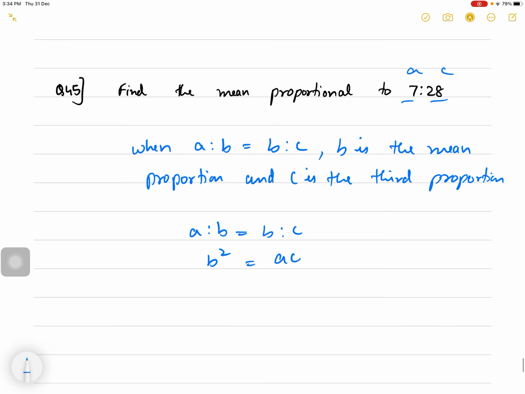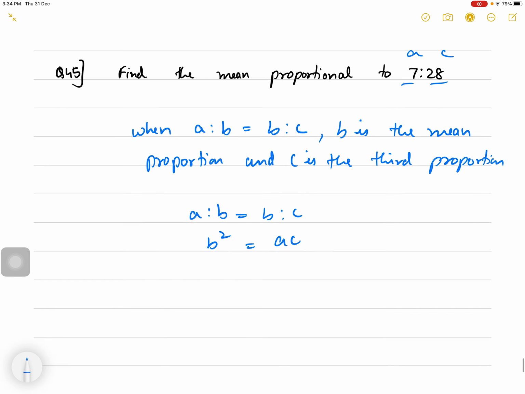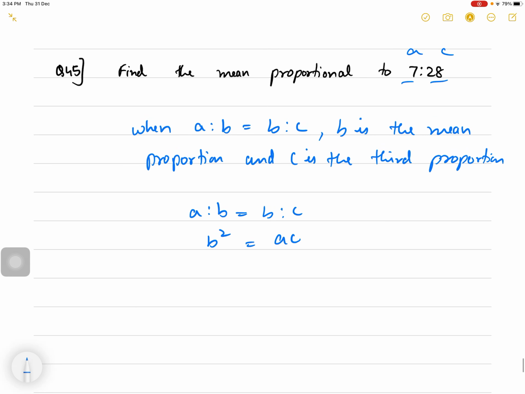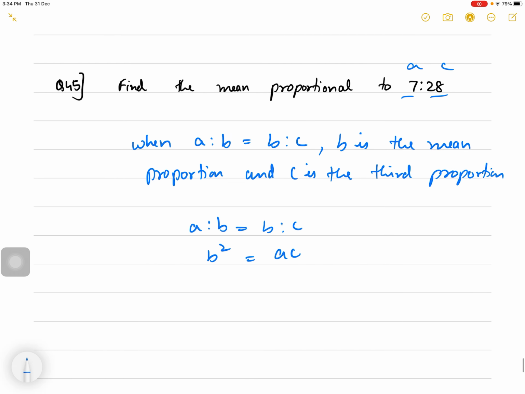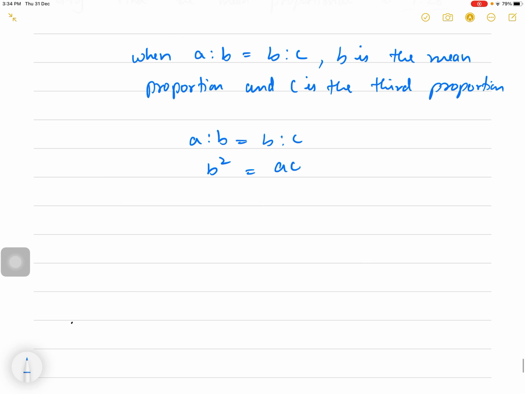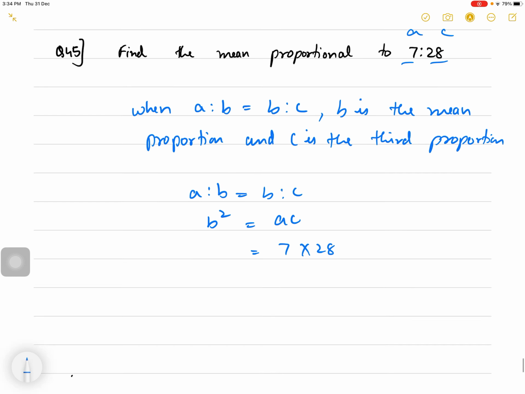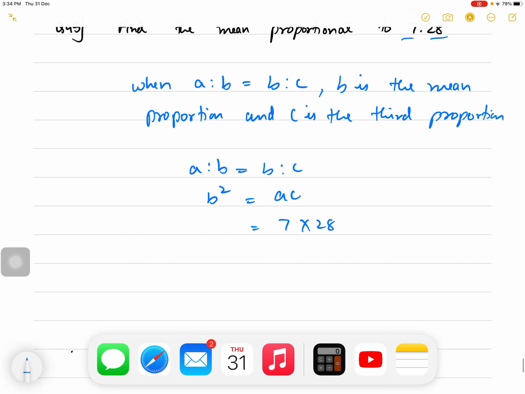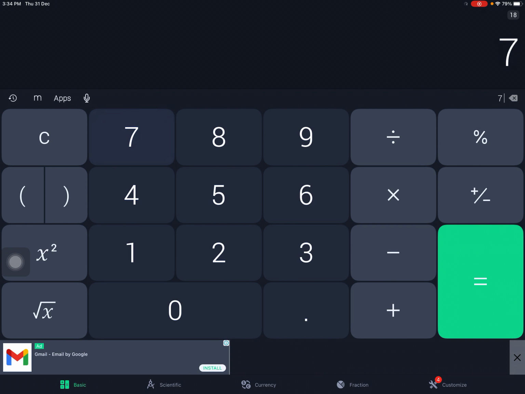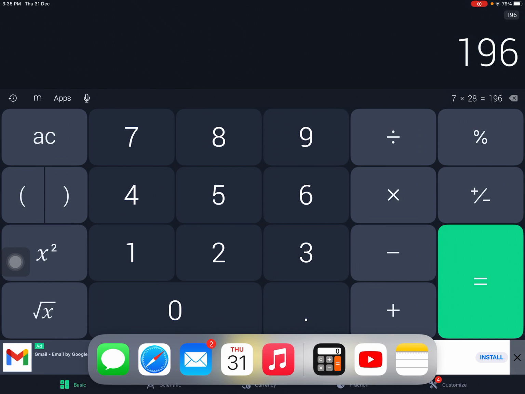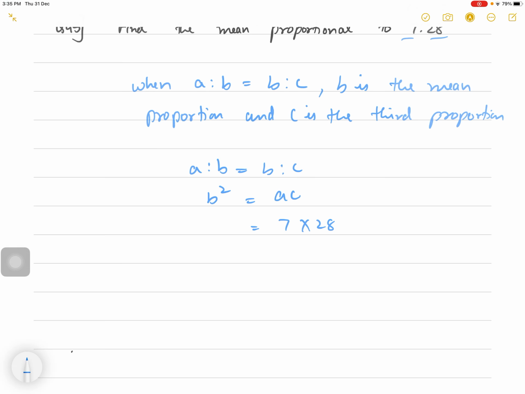So here you are supposed to find out B. So B square is equal to 7 into 28, because 7 is A and 28 is C. 7 into 28 is equal to 196. So B square is equal to 196.